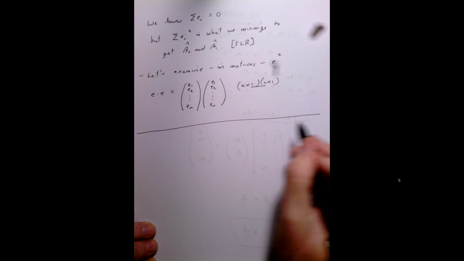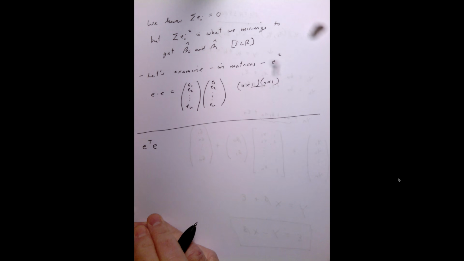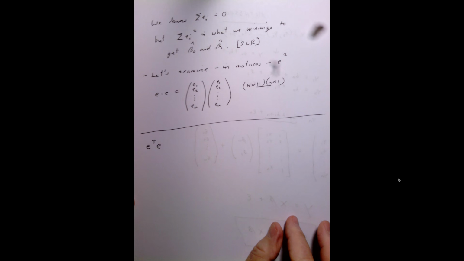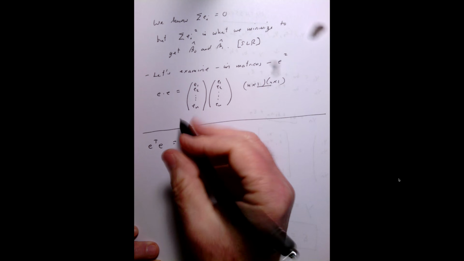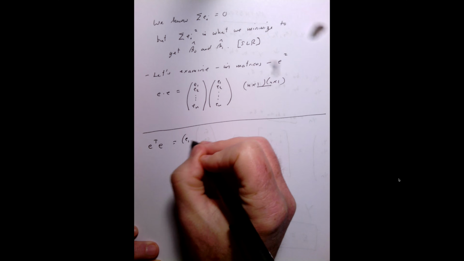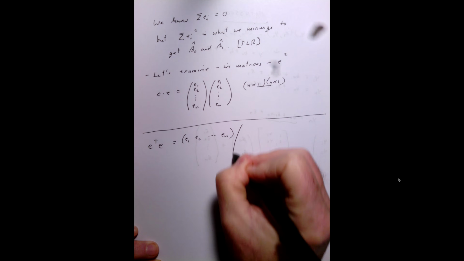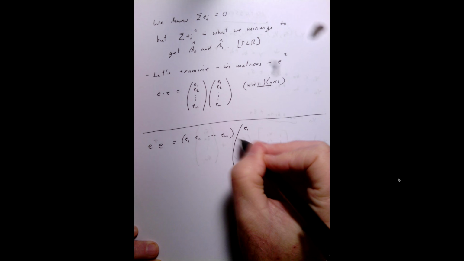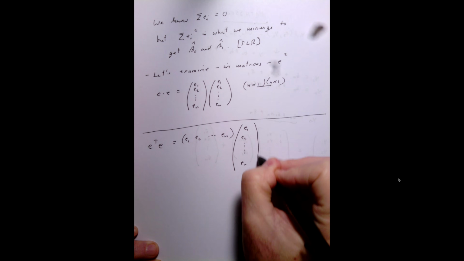So what we do is we take a look at something else, which is called the error transpose times the error. So the error transpose is just going to be E1, E2 to En times the column vector E1, E2 down to En.